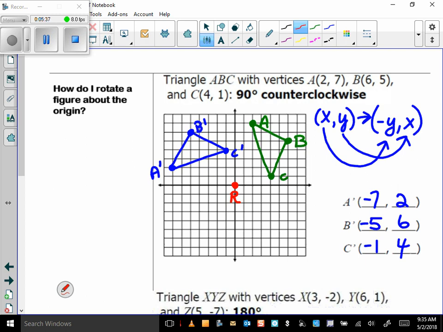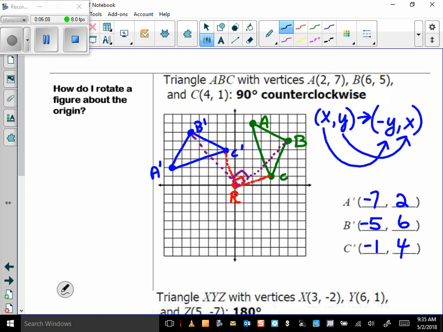So let me draw a dashed line in here to C and one to C prime, and that's going to be a 90-degree angle. Same thing for B and B prime. Let me try to get a different color here. If I go from R to B, and then R to B prime, I got another right angle. Same thing's going to happen for A to A prime, right?